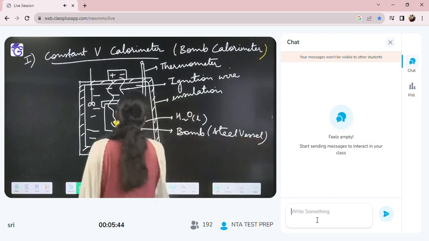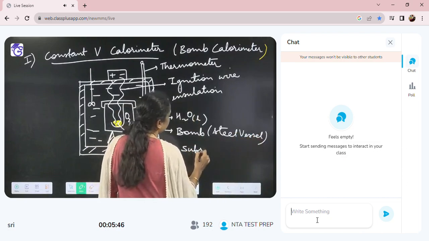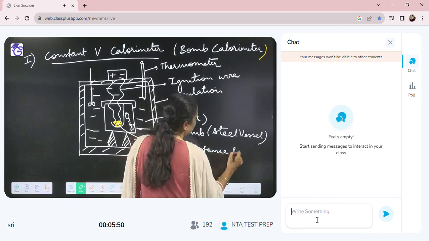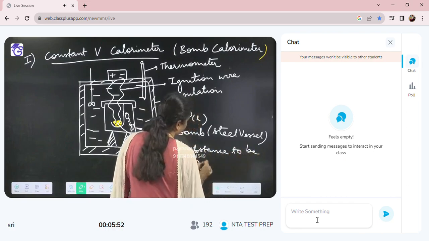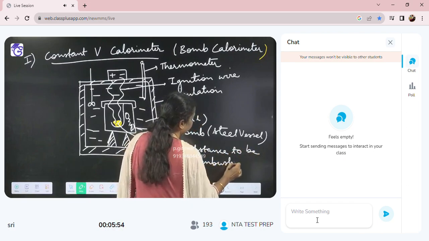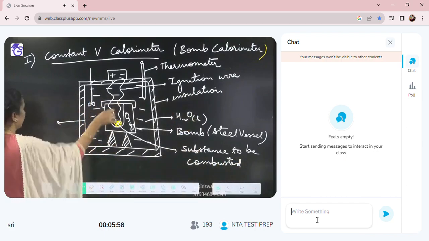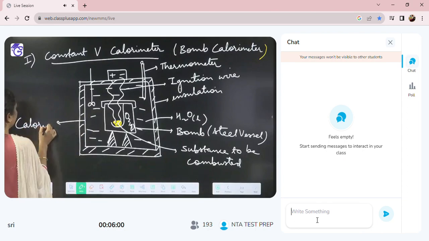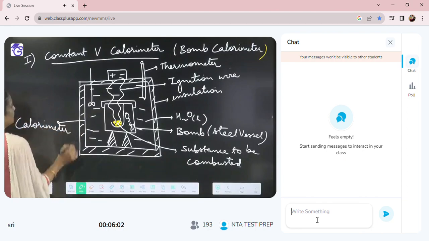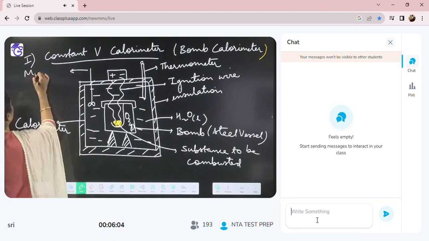This one is the substance to be combusted. And this one is like the calorimeter bucket actually, but I am simply writing this as calorimeter, where you have filled up water. This is your mechanical agitator.